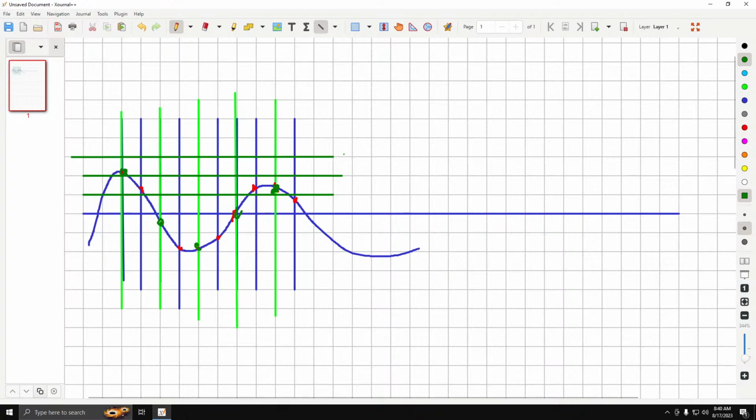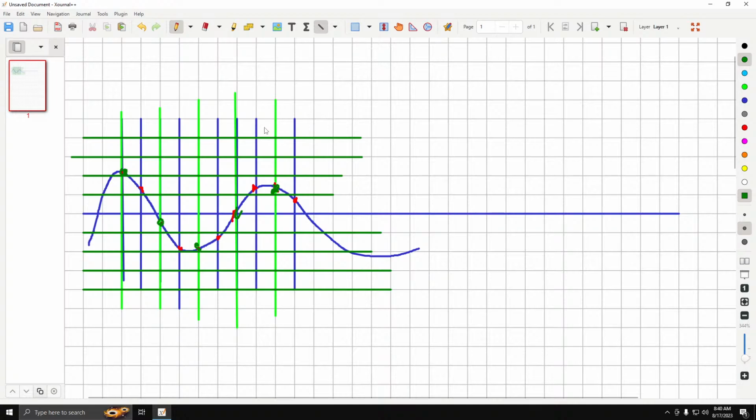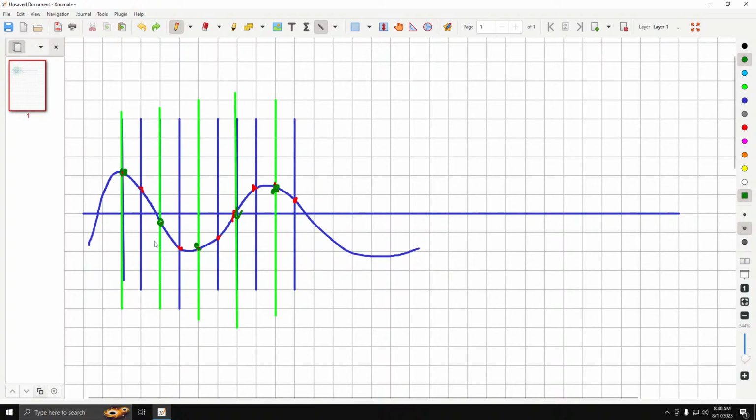Actually, you know what? It might be because there's quantization happening this way. Yeah, I think I'm thinking of it wrong, because no, it's quantizing. It's not changing the sample rate.